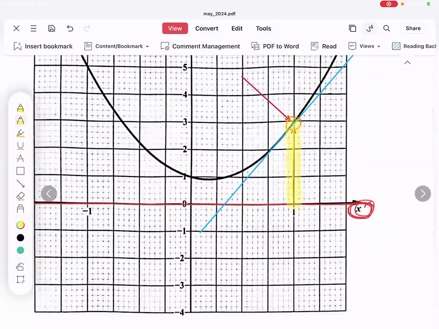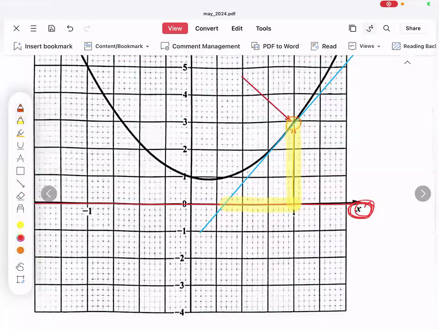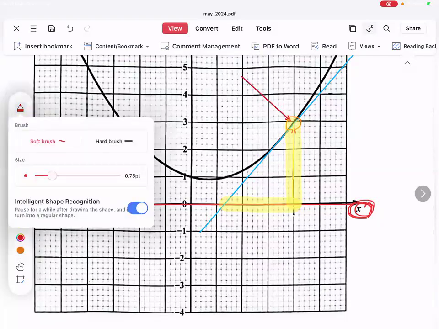So this is my right angle triangle that I'm looking at. For me to find the gradient of the tangent, I have to use my rise over run technique, which is something that I would have taught sometime last year.